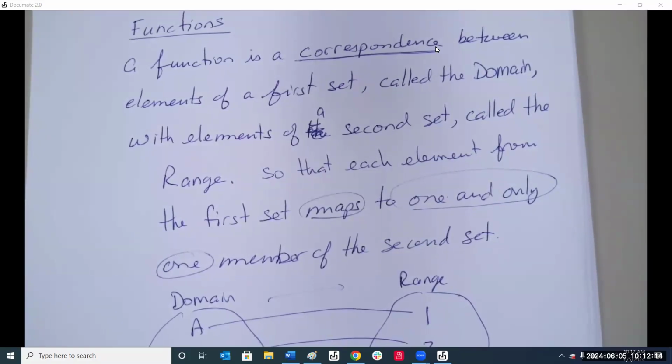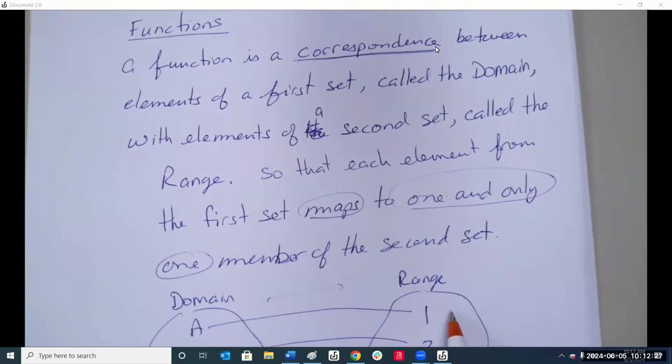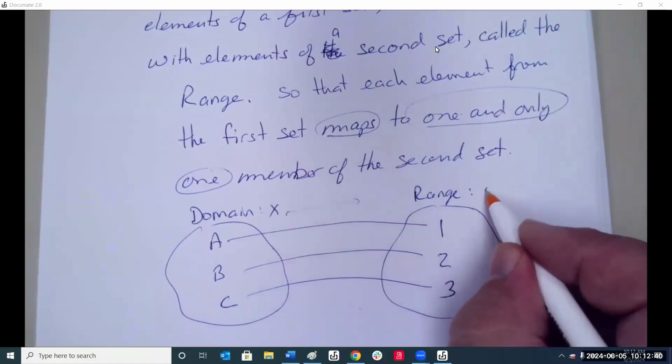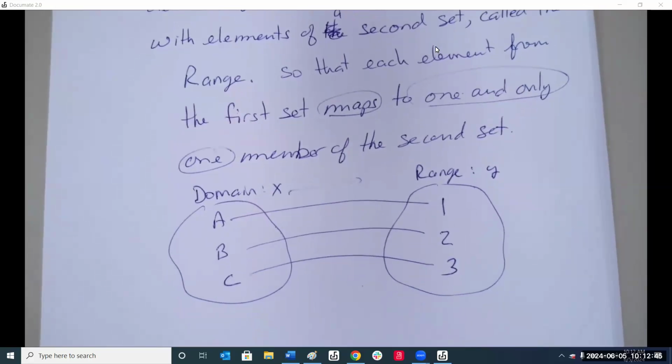Nope. That's why they call it a correspondence. A writes a letter, one letter, it can only be sent to one person. B writes a letter, only sends it to one person. They can send it to the same person. A and B can both send a letter to one person, but it just has to be one to one. Remember, the domain values are the X values, and these are called the Y values.